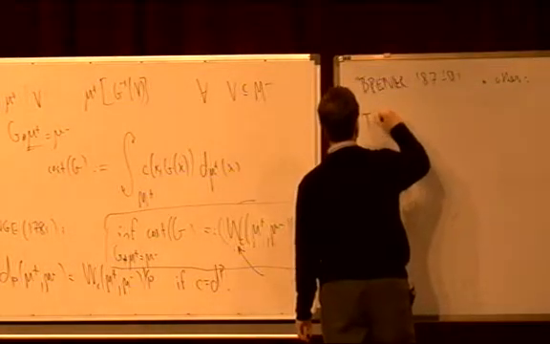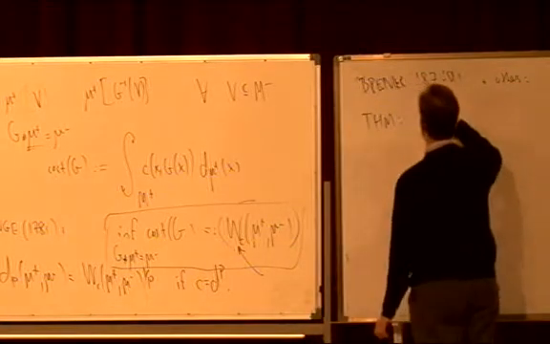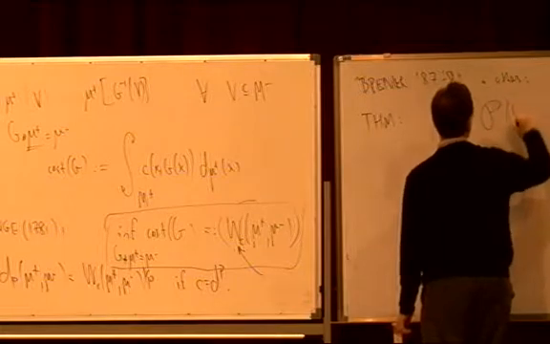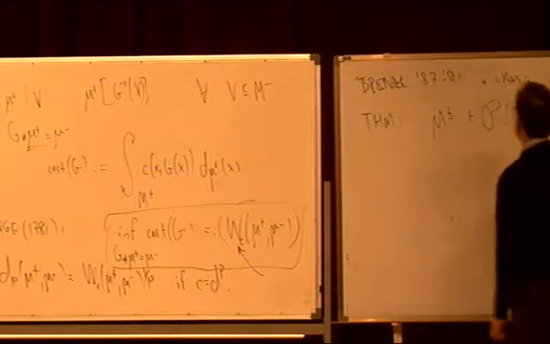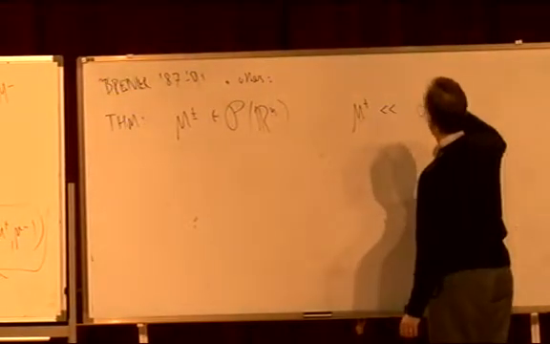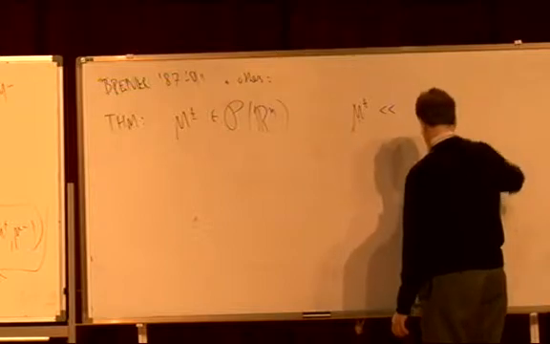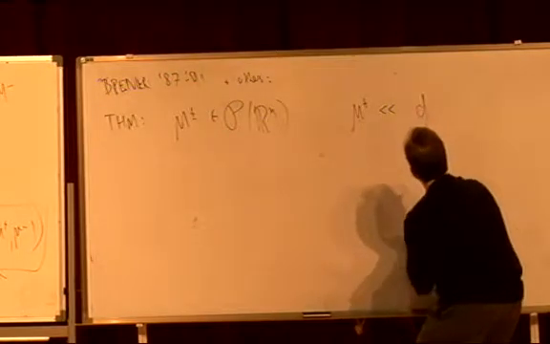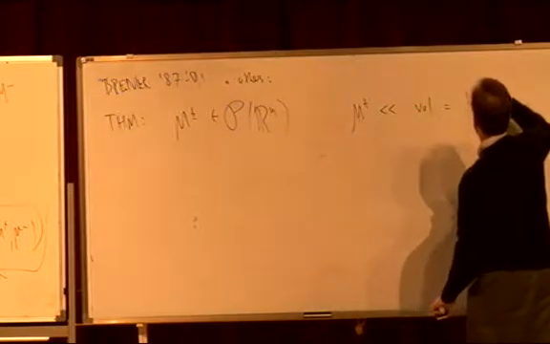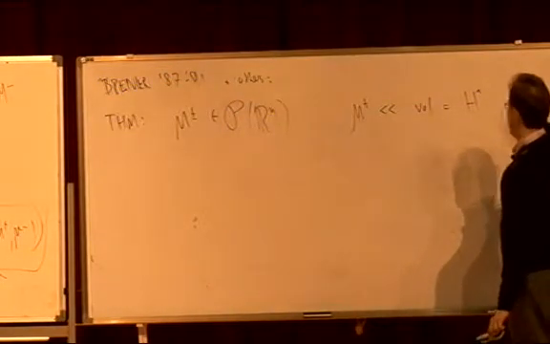It says, I have any two probability measures mu plus and mu minus on Rn, and the first one is absolutely continuous with respect to Lebesgue measure. Sometimes I'll call Lebesgue measure n-dimensional Hausdorff measure.